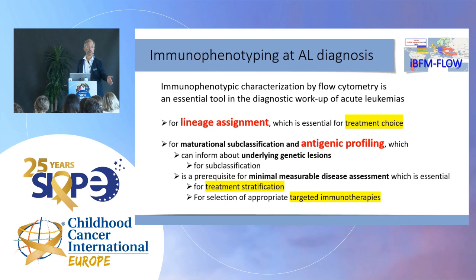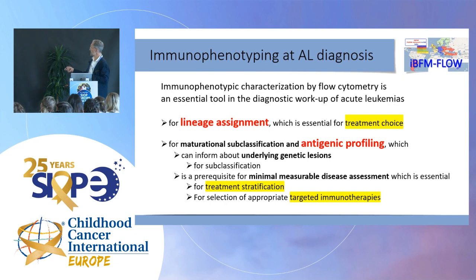Lineage can be assigned also by microscopy, that's for sure, but not in each and every case. In some cases you won't be able to say so. If it's an M0 or a lymphatic leukemia, you cannot decide by microscopy. So the lineage assignment is the active question on the first day, and it's the question of treatment choice. We will go into further details why this is also sometimes tricky and why flow cytometry really adds on it.